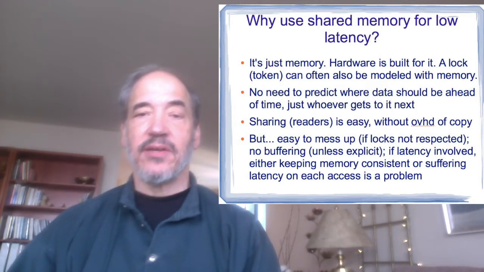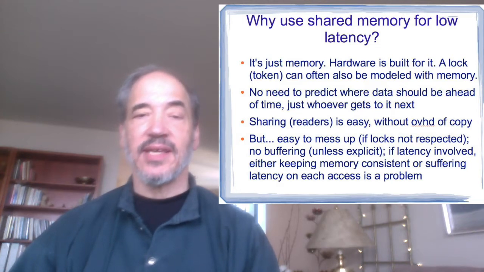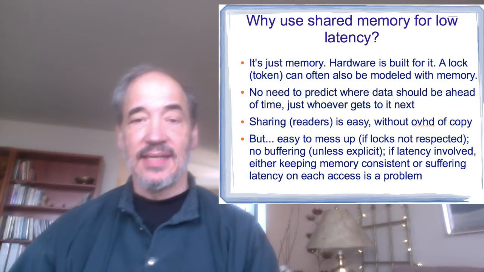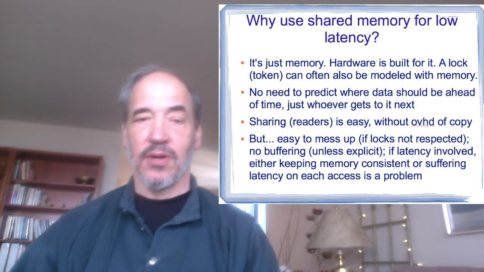And shared readers is very easy without the overhead of additional copies. Essentially, each process is making very small accesses to low latency memory and just getting as much memory as it needs. But it's easy to mess up if you don't respect the lock protocol.